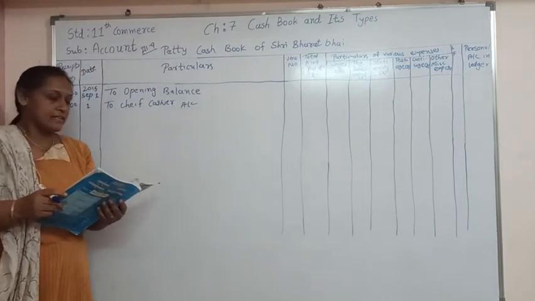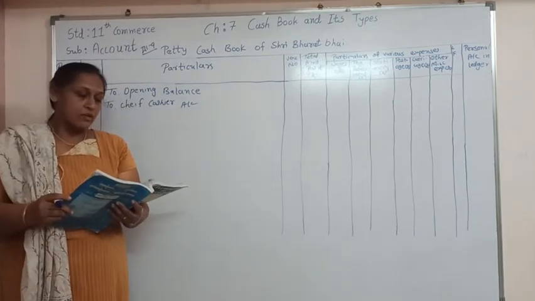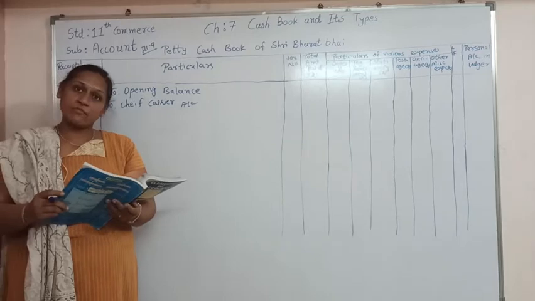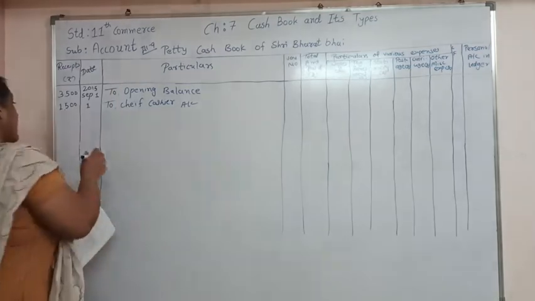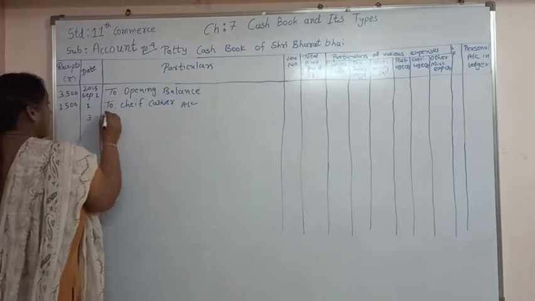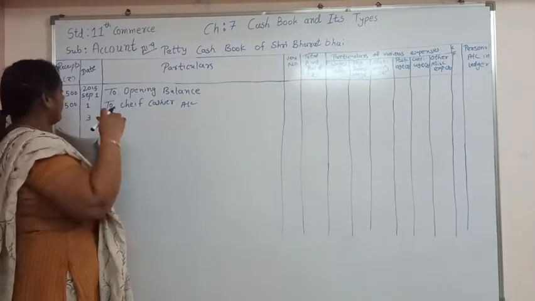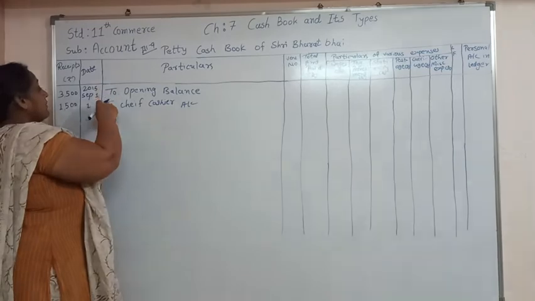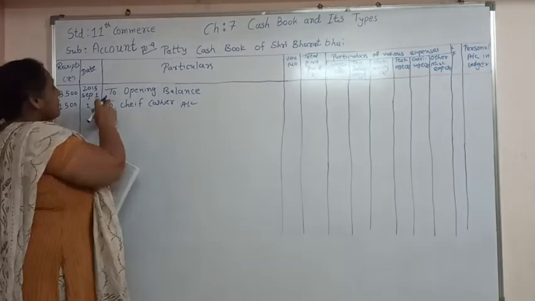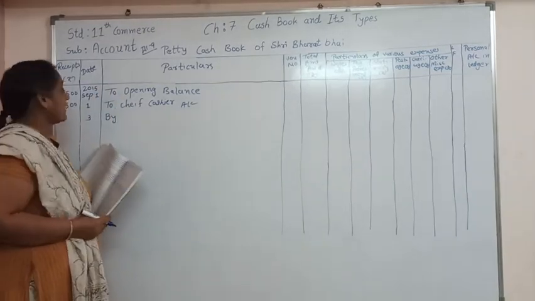Now let's see date number 3. Rupees 1,200 paid for stationery. Here we will write "By", as we are paying money. Here we used to get money, that's why we used to write "To".